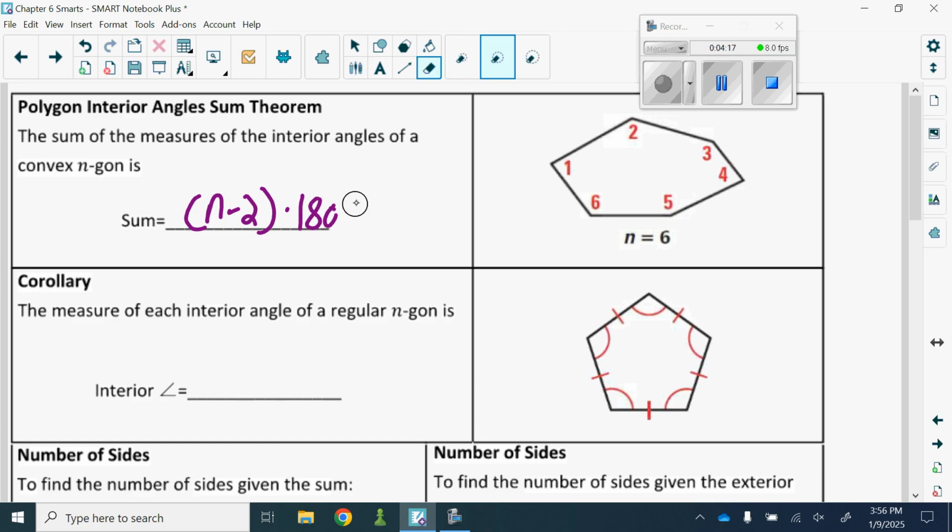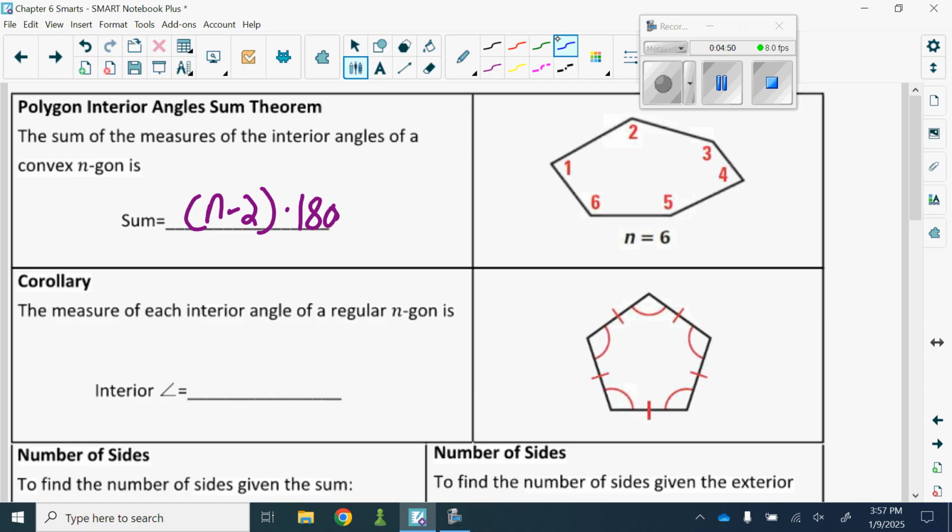Okay, a corollary typically just means a piece of logic that directly follows from a theorem. So this corollary states the measure of each interior angle of a regular n-gon is... when we call something a regular polygon, that means each interior angle has equal measure. They're all the same.